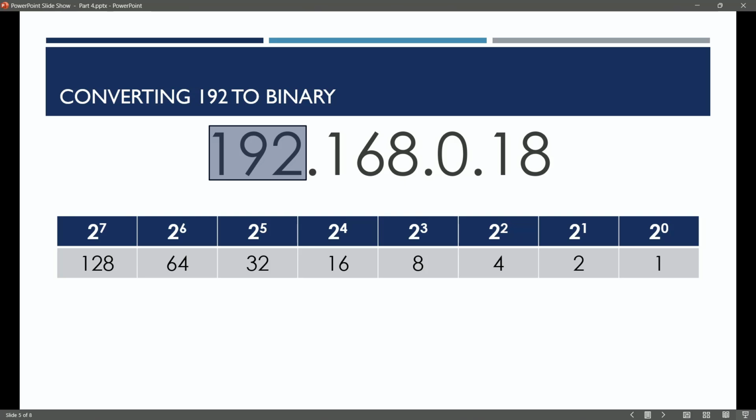And the answer is yes, we can do that. So we put a 1 in that bit position and we do our subtraction. 128 from 192 leaves us with 64. Oh my goodness, can we subtract 64 from 64? The answer is yes, we can. We won't have a negative. In fact, we are left with a 0, and that means we are done.